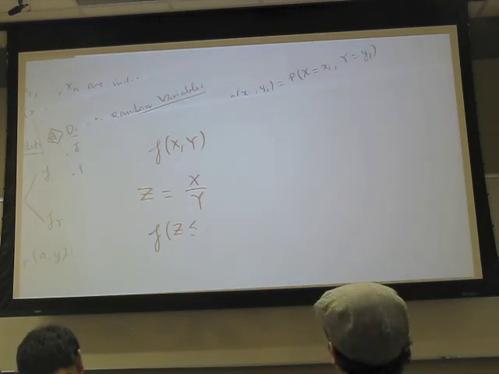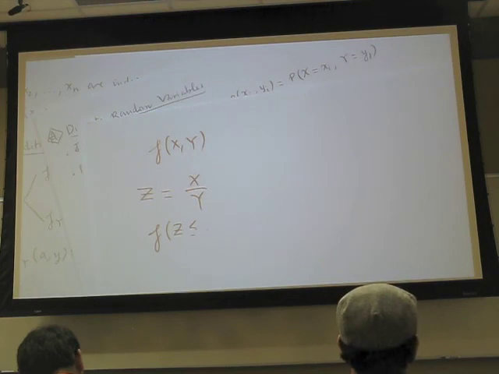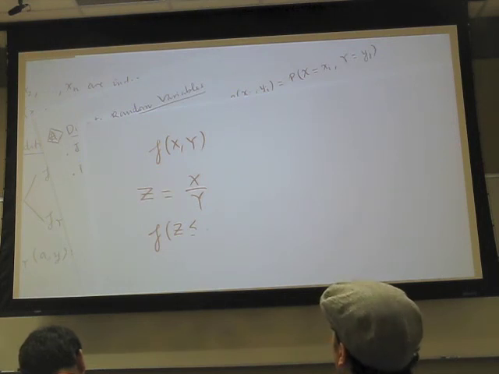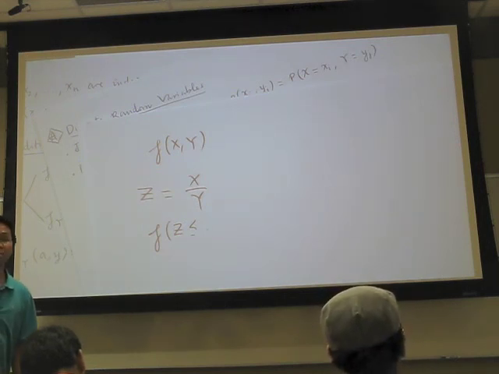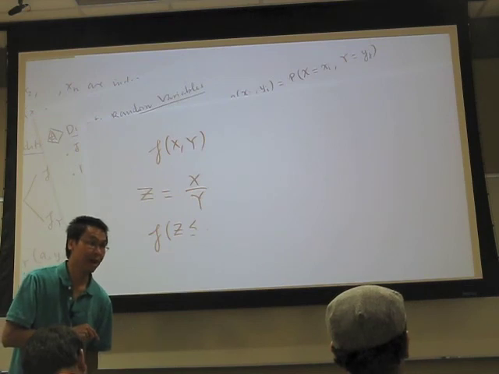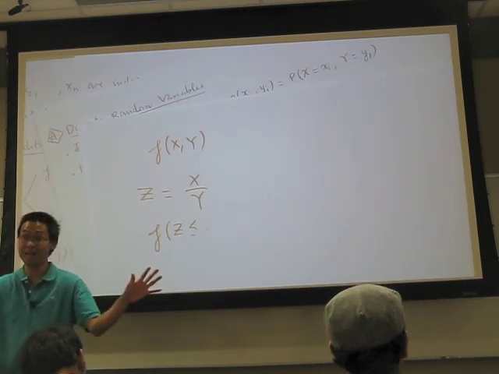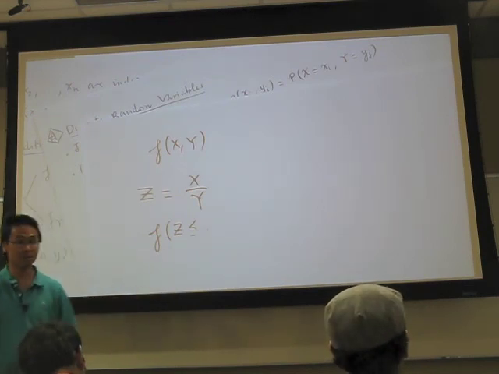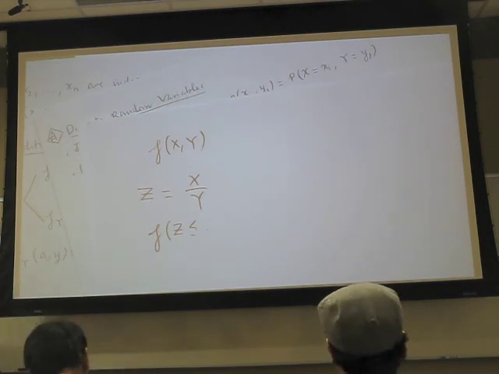Exactly like what you did in the past. So you find the CDF first and take the derivative, and you will be able to find the density distribution for z. I just want to tell you that you can play that game, and so on and so forth. You don't have to solve that.